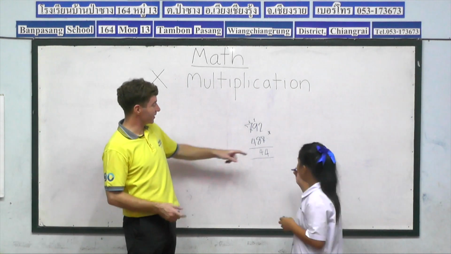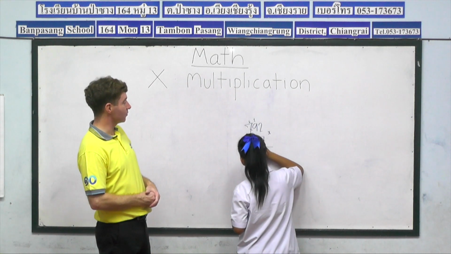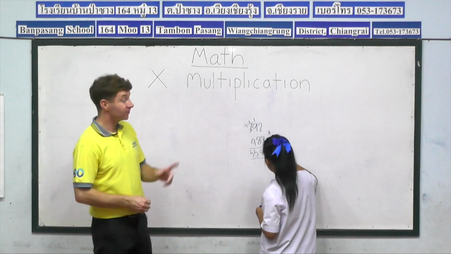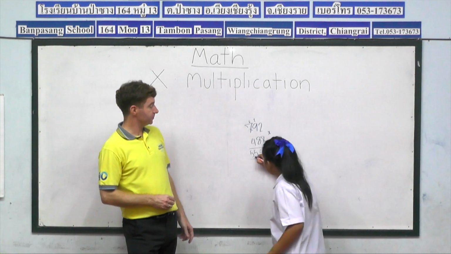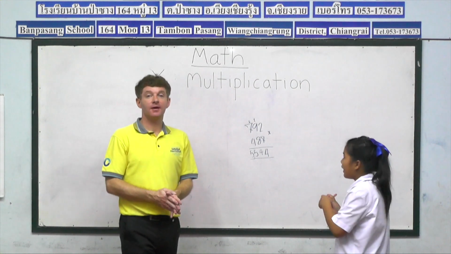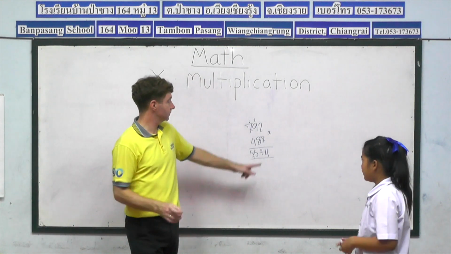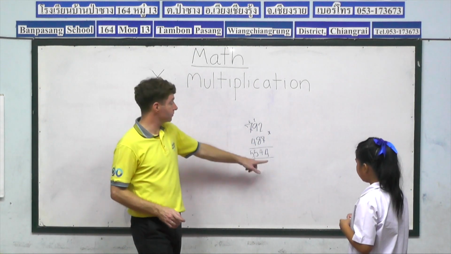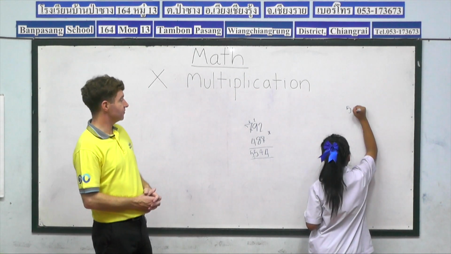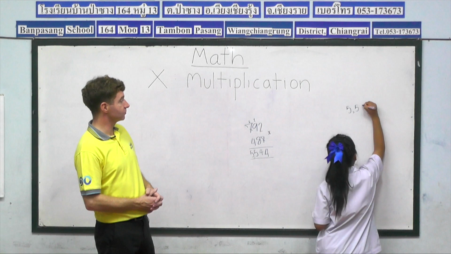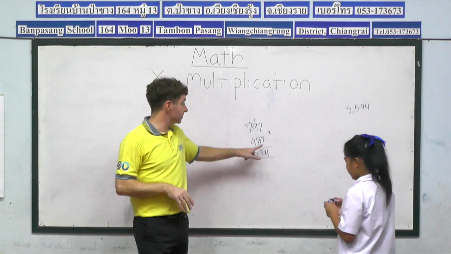Well done. So we can write the 5, and then we can write the other 5 too, because we've got nowhere to regroup. Excellent. So we have our first answer. And Lakau can write the comma. We have 5,544 is the answer to our ones column. So we can write the answer over here, Lakau, because we'll need it again soon. 5,544. And now we move on to the tens column.